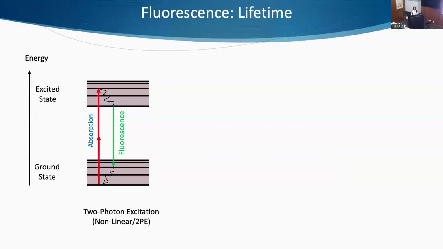This fluorescence signal, or the molecules in the excited state, once it vibrationally relaxes, it stays there for some time, and that time frame is usually in the nanosecond time frame. Well, that time does not have a fixed value.